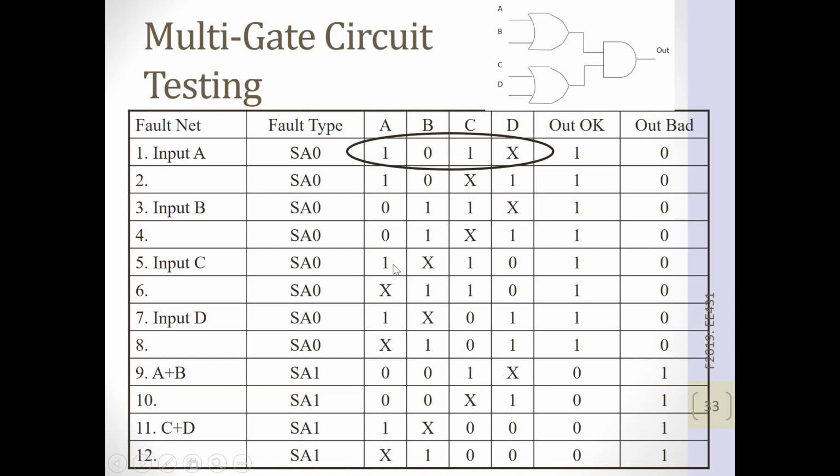What about this line right here? You have a 1 on A, you have a don't care on B, so you could make that 0. And then you have a 1 on C and a 0 on D, and you have a don't care here. So those two right there, if you used 1010, you could do both of these tests at the same time. And you also have to check to make sure the output's the same. See if there's any more.